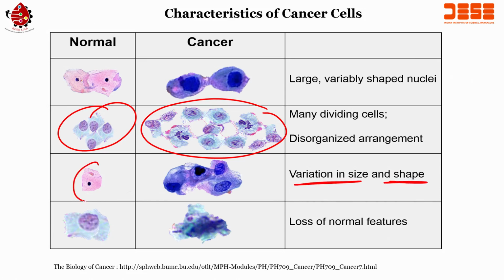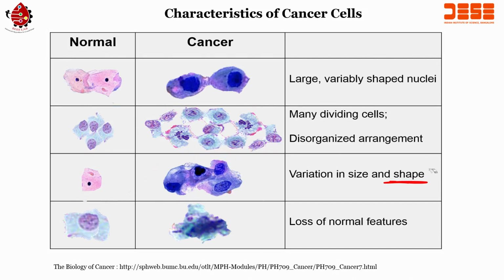All the normal cells would have a uniform size, whereas if you take the cancer cells, there will be variation in the shape and the size of the cells. The next one would be loss of normal features. You see cytoplasm, nucleus; there can be double nucleation, the cell morphology would look different, the shape would look different, and thus the normal features which you can find in a normal cell would not be there.